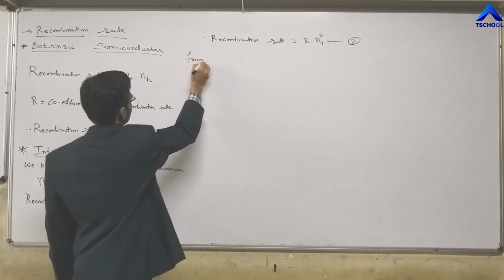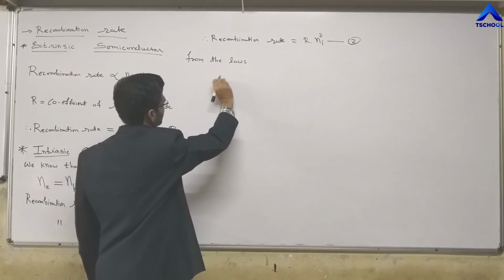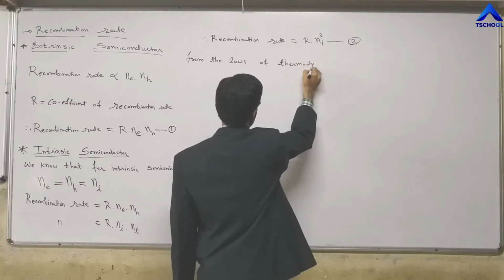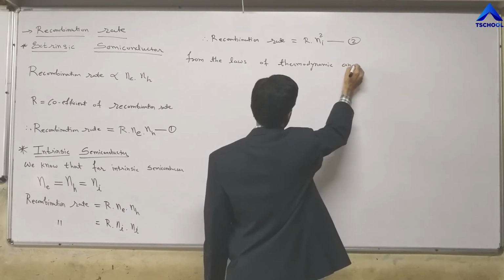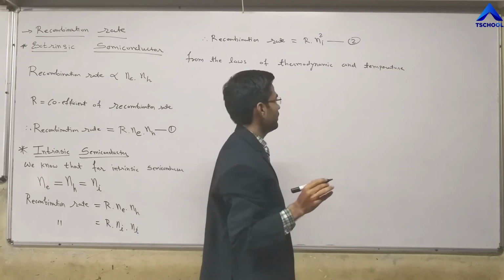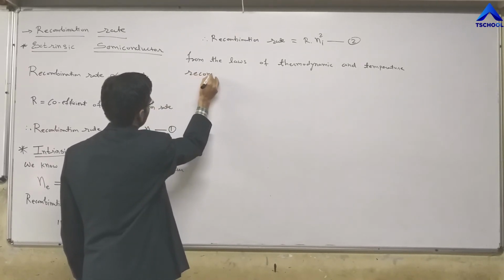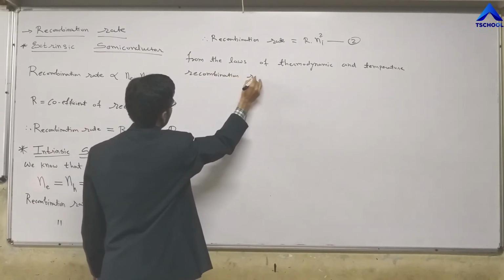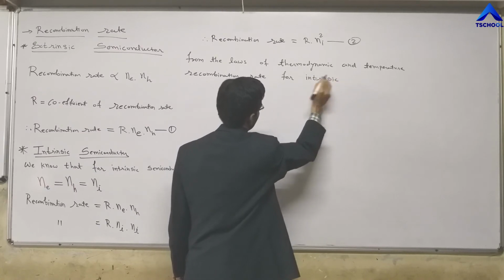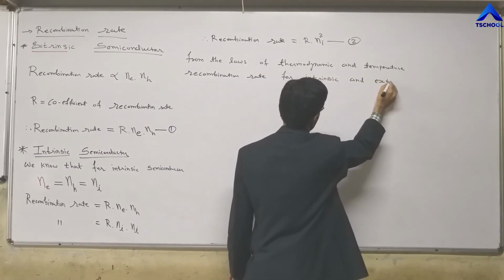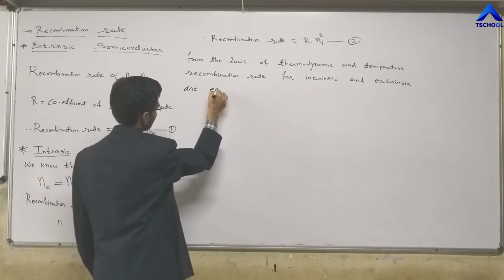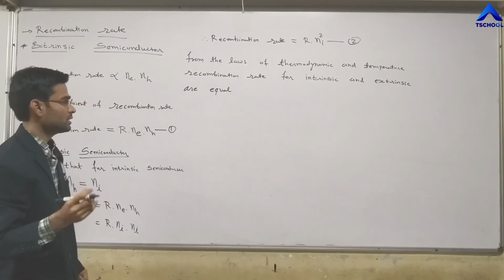From the laws of thermodynamics and temperature, the recombination rates for intrinsic and extrinsic semiconductors are equal.